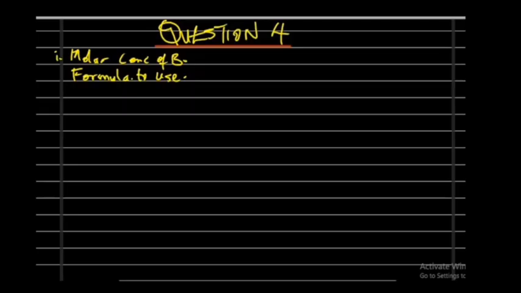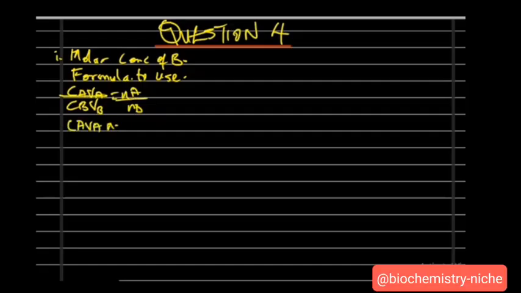The formula to use is CAVA over CBVB equals NA over NB. This formula is very, very important, so please try as much as possible to memorize it. When we cross multiply, we have CAVANB equals CBVBNA.